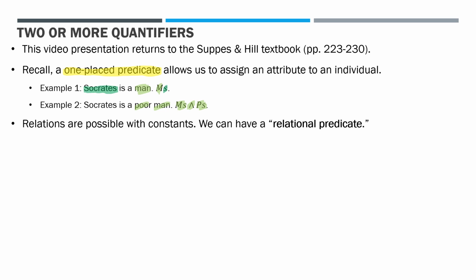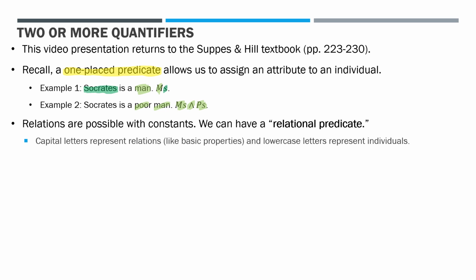All right. Now, relations are possible with constants. We can have a relational predicate. And here, straightforwardly enough, capital letters represent relations, just like our basic properties or our predicates, so to speak, and lowercase letters represent individuals. Example 1 from the textbook, Elizabeth II is the mother of Prince Charles.